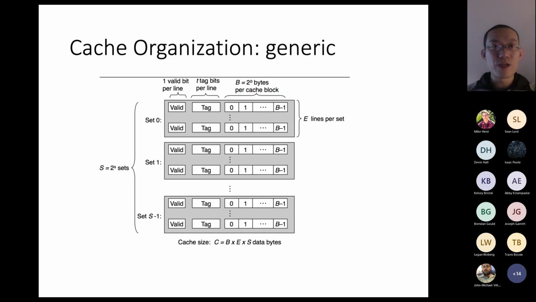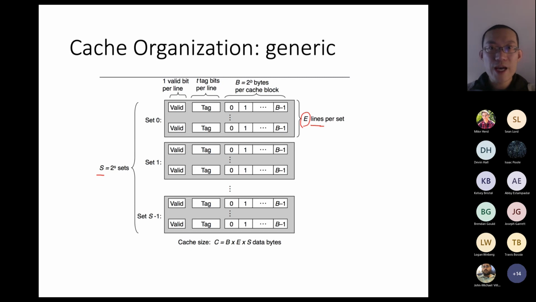The very first one I would talk about is the set number. In our case, we have capital S sets, from 0, 1, until S minus 1. For each set, you can see we have multiple lines. We call them lines in each set, and we use a capital E to denote the number of lines in one set.